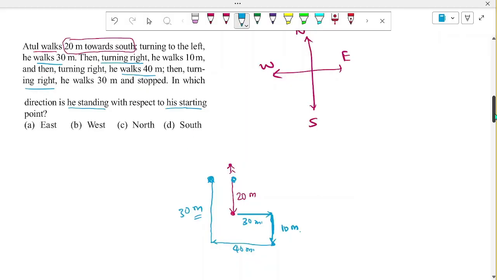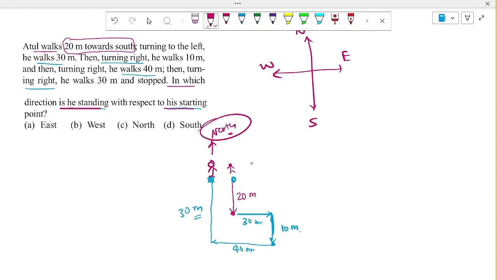North. Just try to read. He is facing north, I can understand that. At present he is facing north. That is fine. But if you read the last sentence, in which direction is he standing with respect to his starting position? If the question is in which direction he is facing at present, the answer will be north.